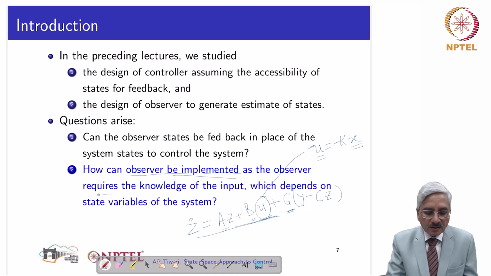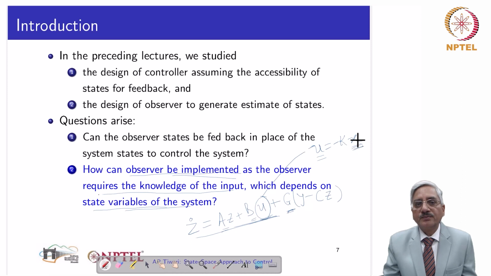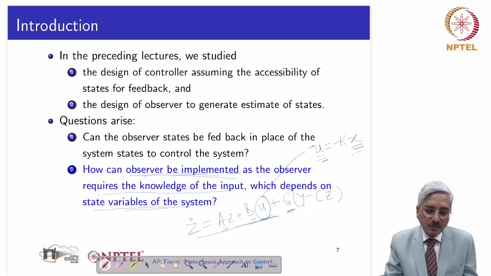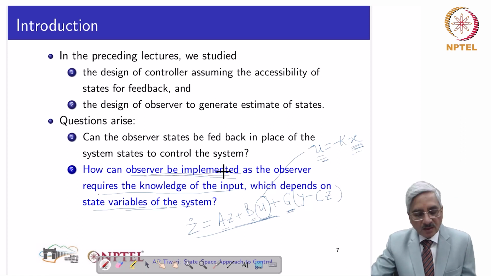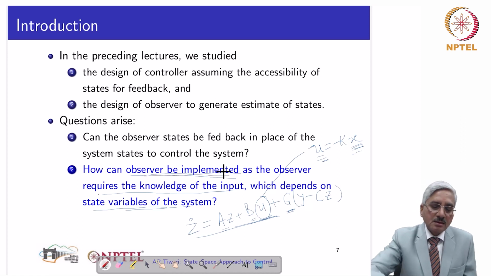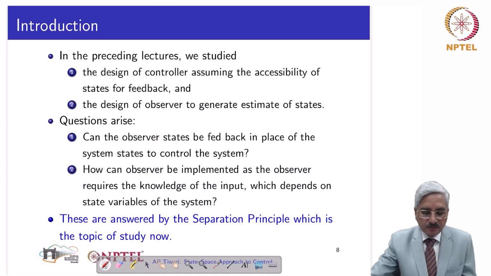The observer requires the knowledge of the input, and the input is dependent on the state variables of the system, which is unknown. X is not known, so how is u known? And if u is not known, then how can the observer be implemented? Both these questions are to be answered by the separation principle. That is the objective of the discussion.